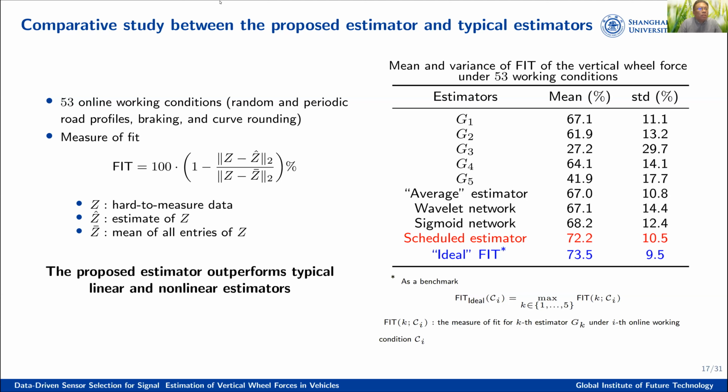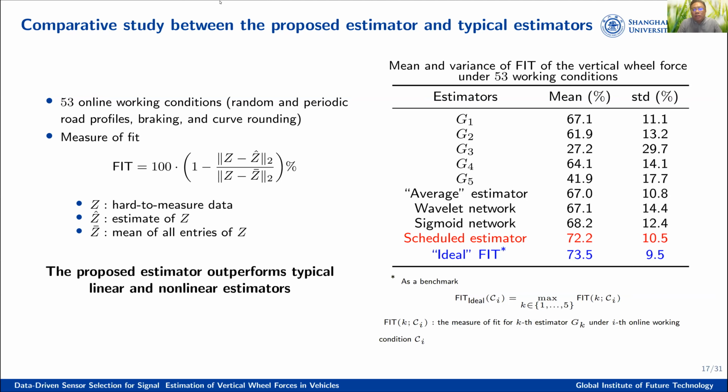We use the fit value to evaluate how good our estimation is. The proposed method outperforms typical linear and even nonlinear estimators, as we show in the table on the right. We show here the mean and the variance of the fit value.